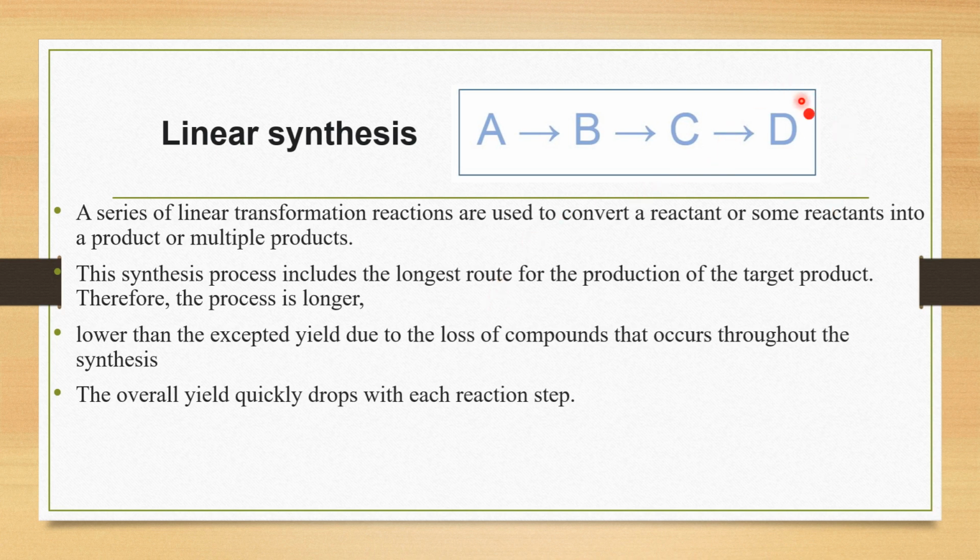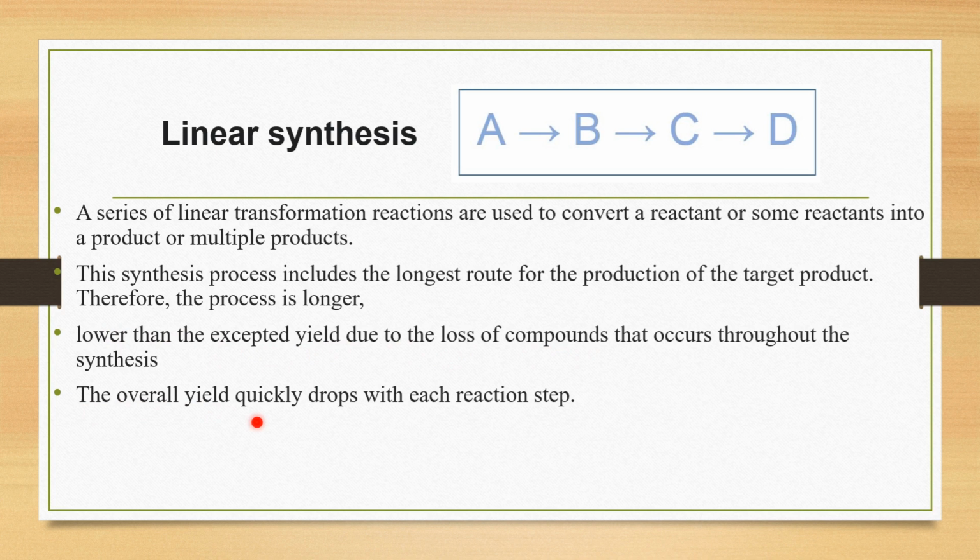So the final product you get will be much less than the starting material you used. It takes a lot of time. The expected yield is lower because at each step there is loss of the compounds, and the overall yield drops at each step.